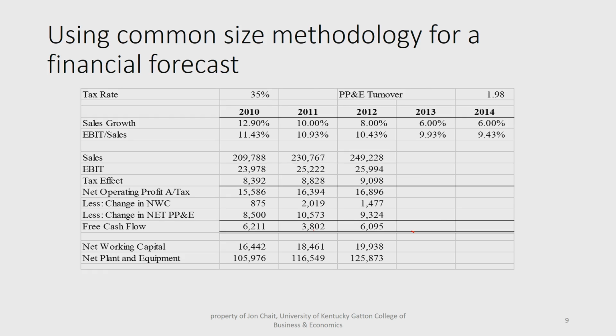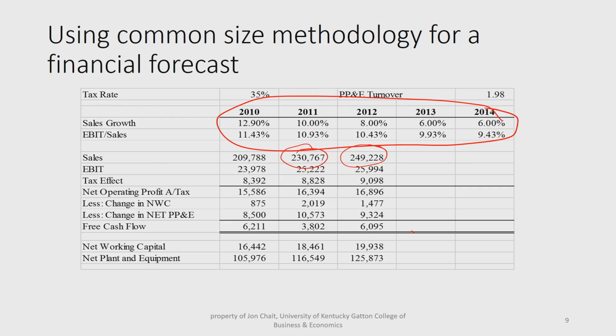Oh, they're here. And so we can look at these, and we can see the assumptions that are built into our model, and then we can use these assumptions to calculate specific items in the financial statement.